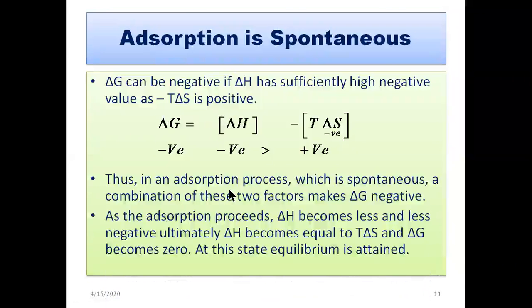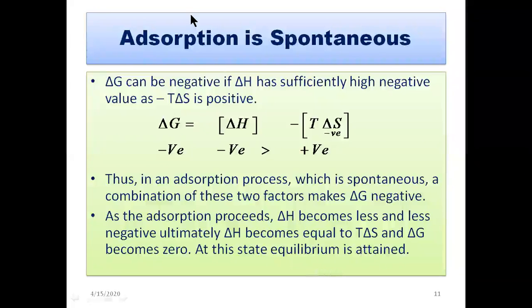As it goes in the forward direction, delta H becomes less and less negative. Ultimately, delta H becomes equal to T delta S at a position called the equilibrium position.